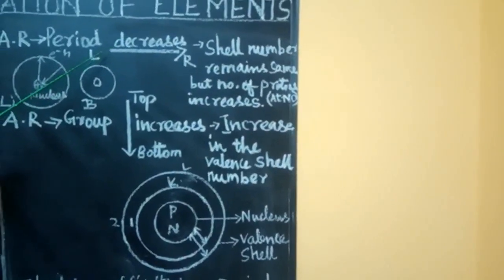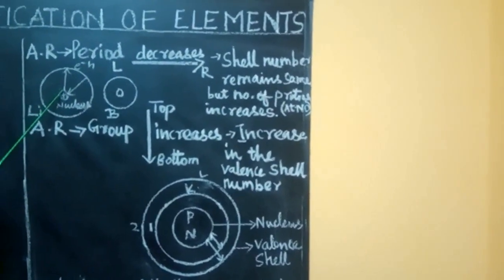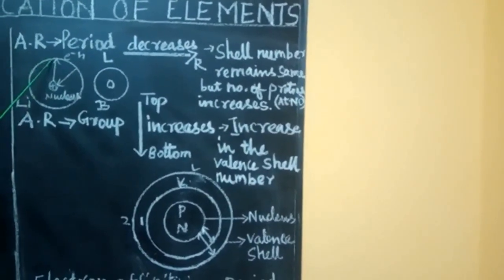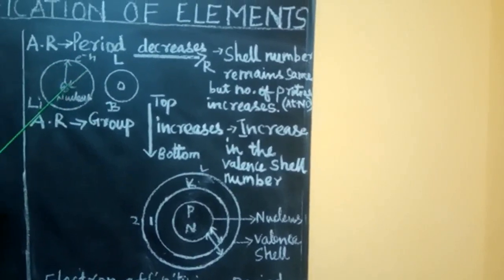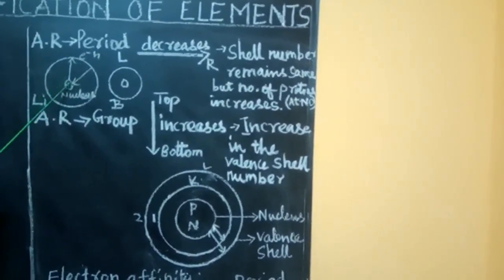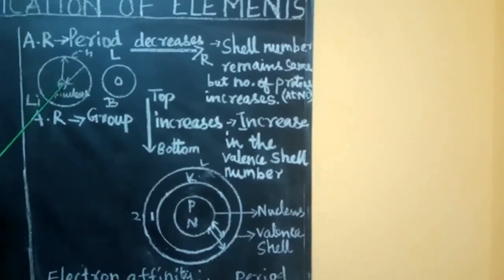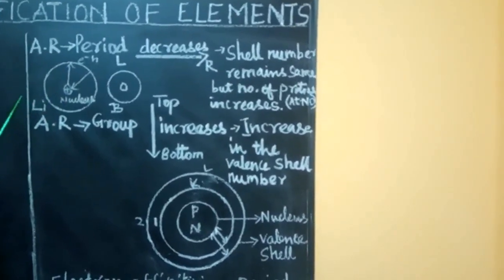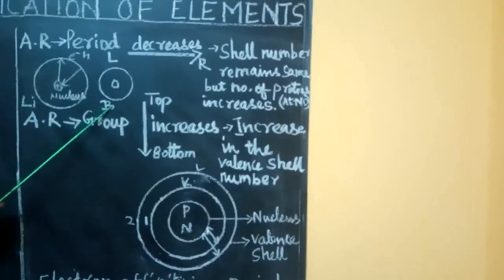More and more positive charge gives a strong attraction on the electrons, so the electron cloud shrinks towards the nucleus. Here the atomic size is decreased. Atomic radius from lithium to boron decreases.